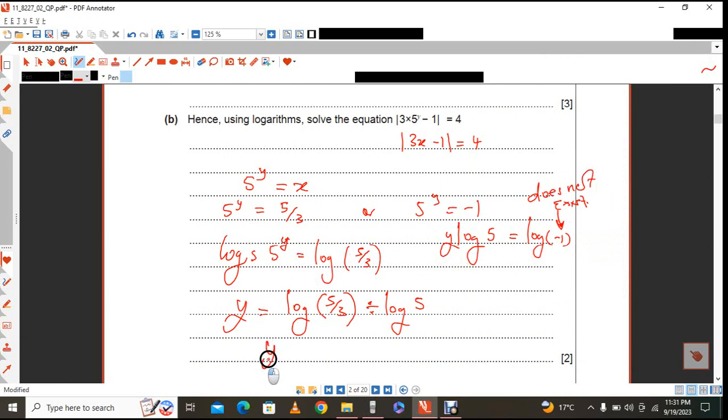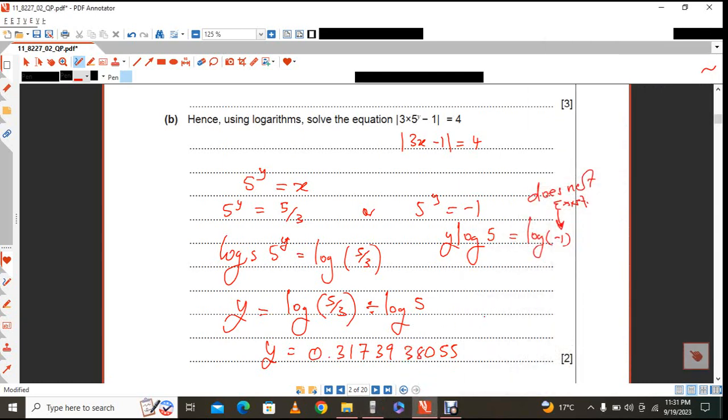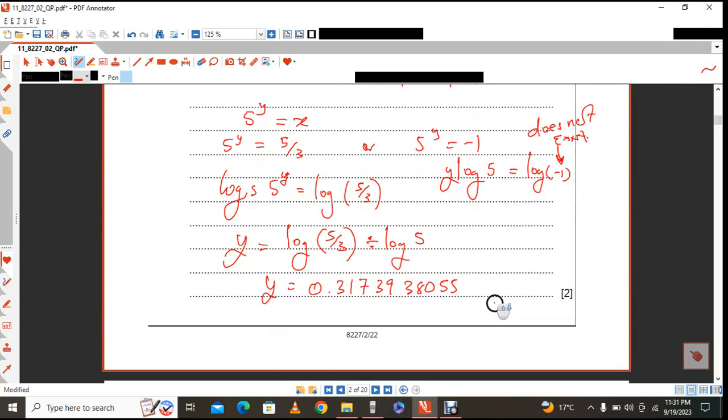So y equals 0.317. Then you just give your answer to 3 significant figures because the answer is not exact. So therefore y equals 0.317. That's the final answer.